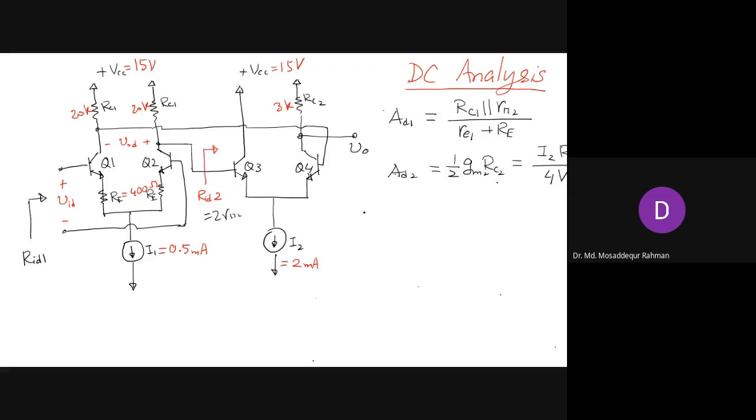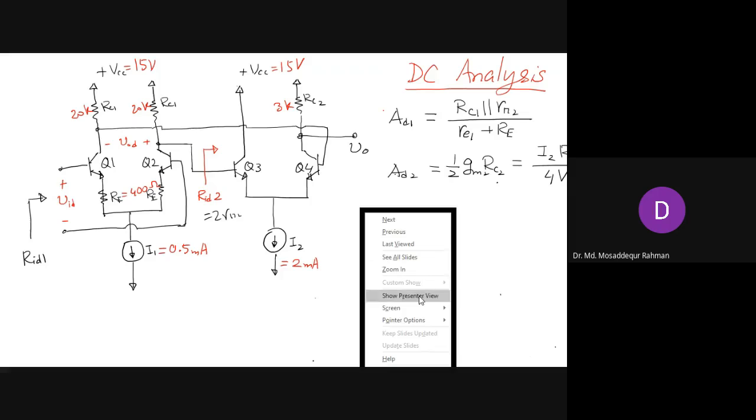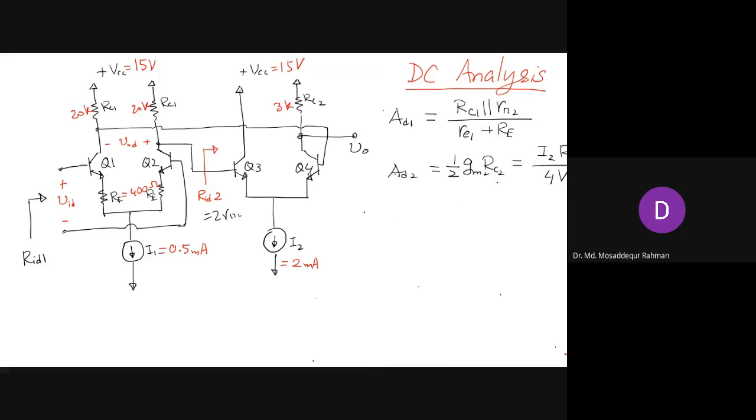So you see that if you want to increase the gain, what are the parameters, right? You either increase I2, the bias current here, or you increase RC2.